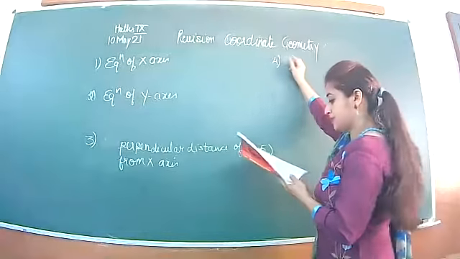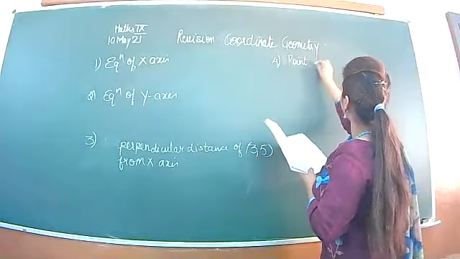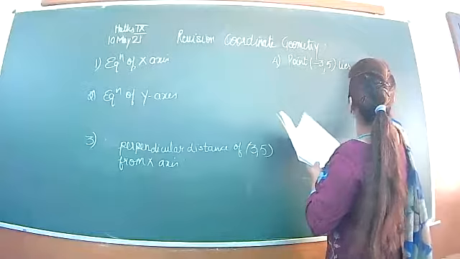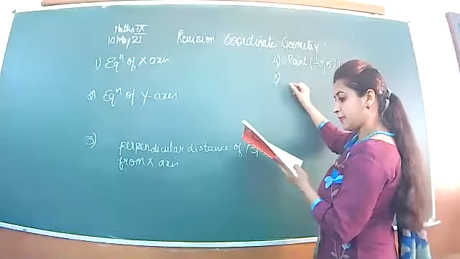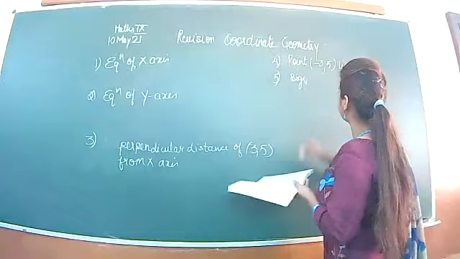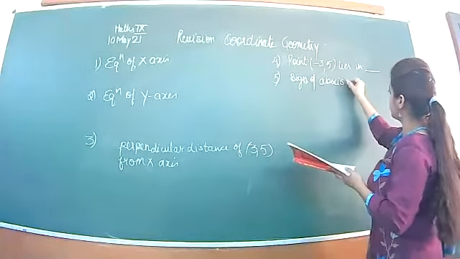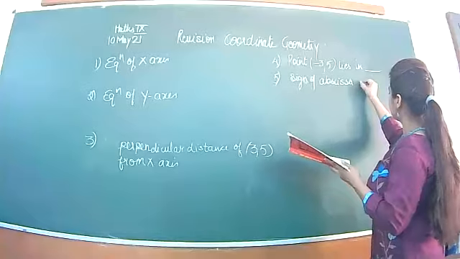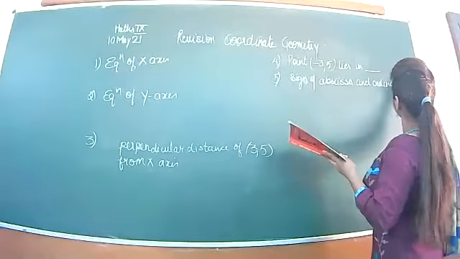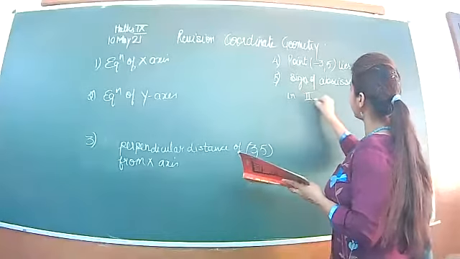Next is point minus 3,5 lies in, sign of abscissa and ordinate in second quadrant.